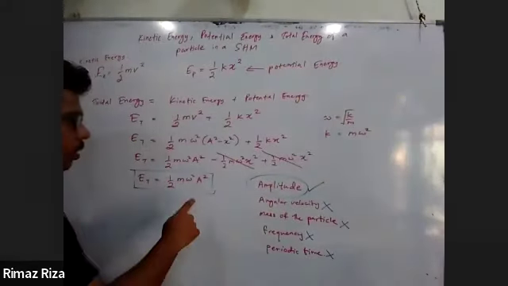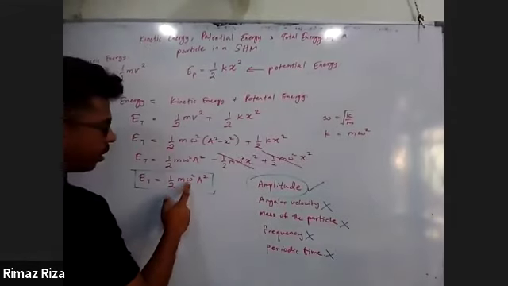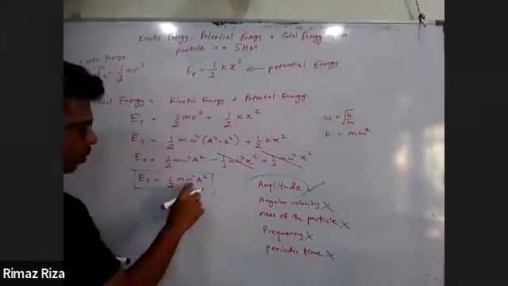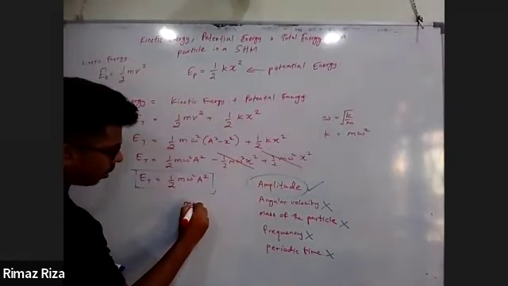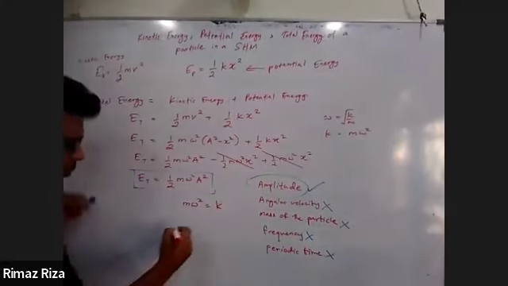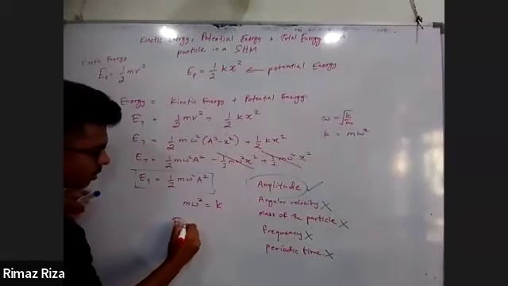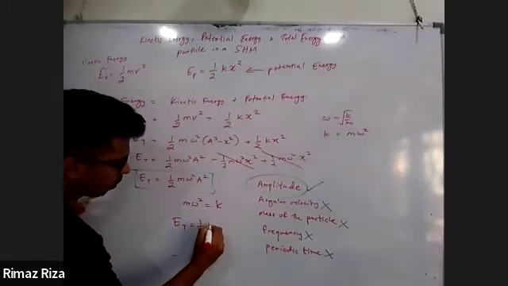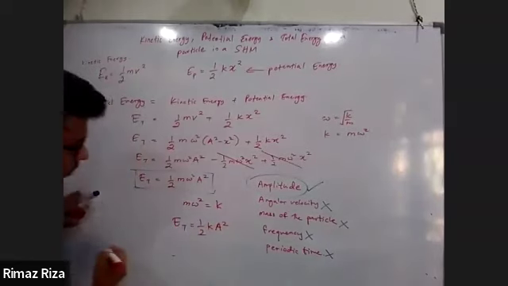Now you may wonder, why is it not omega and m? Because m omega squared is equal to k, the spring constant. So in fact, the total energy is given by half k a squared.